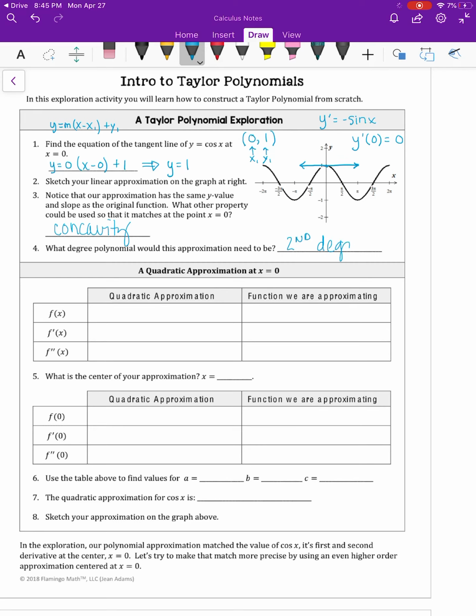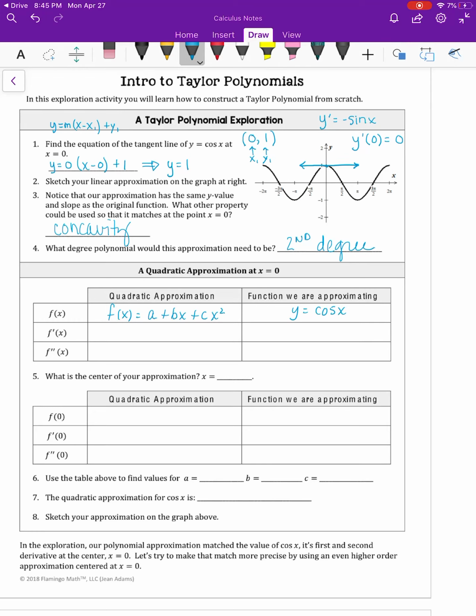For concavity, this would be second degree, right? So now we're going to work on a quadratic approximation at x equals 0. So we've got our f of x quadratic approximation, and it's going to be a plus bx plus cx squared.